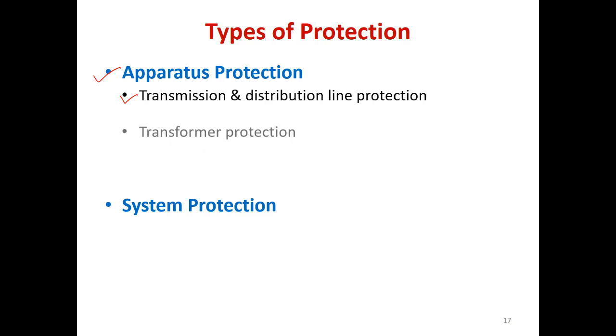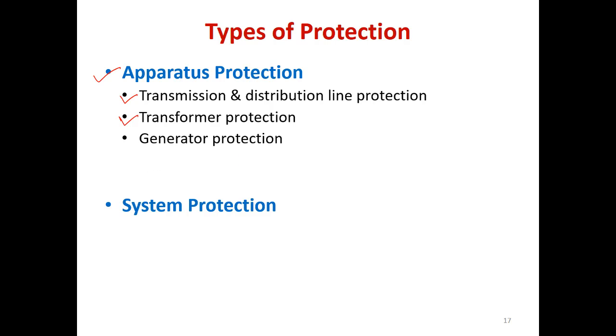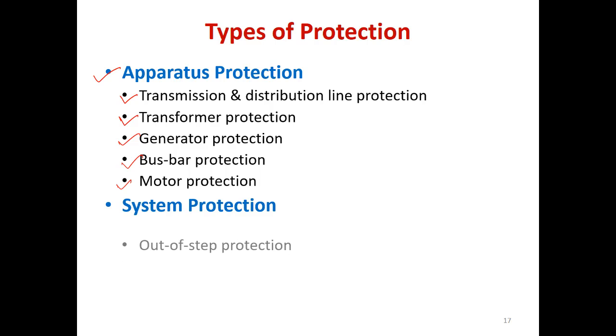This is very important. And then transformer protection, generator protection, and bus bar protection. Also, if some large motors are there in the industrial sector, that is also important to protect. And the second one is system protection.